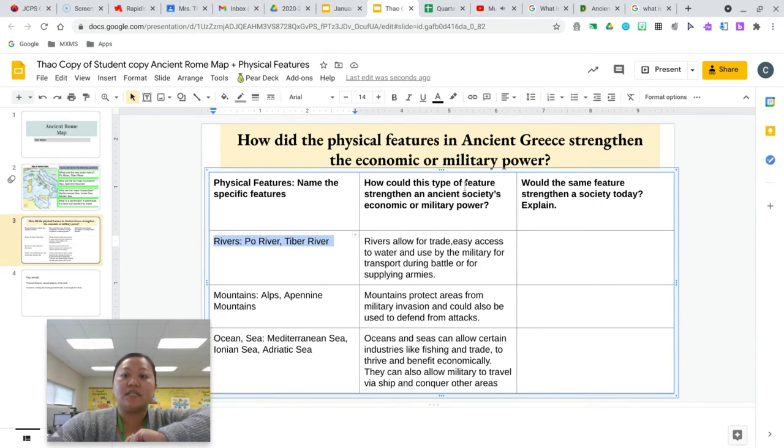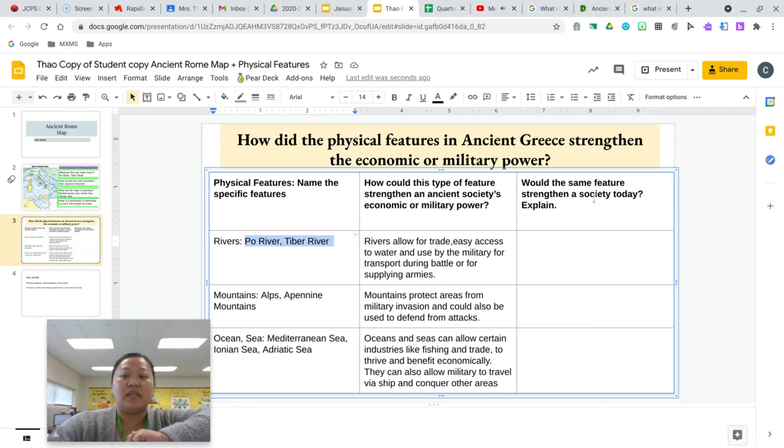How could this type of feature strengthen ancient societies' economic or military power? Ancient Greece would use the Po River and the Tiber River for trade, easy access to water, and used by the military for transport during battle or for supplying armies.